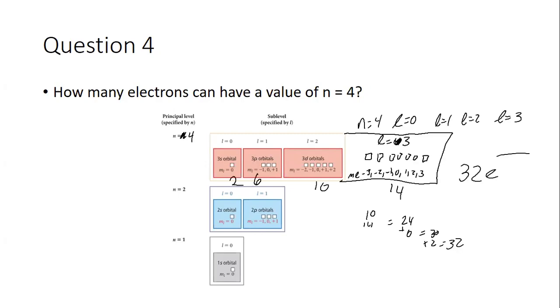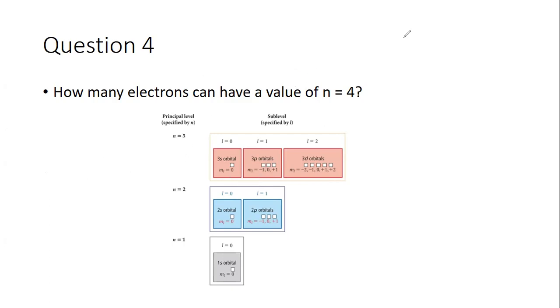Any questions about finding the number of electrons in an energy level? So it should just be n squared times 2 for the number of electrons.